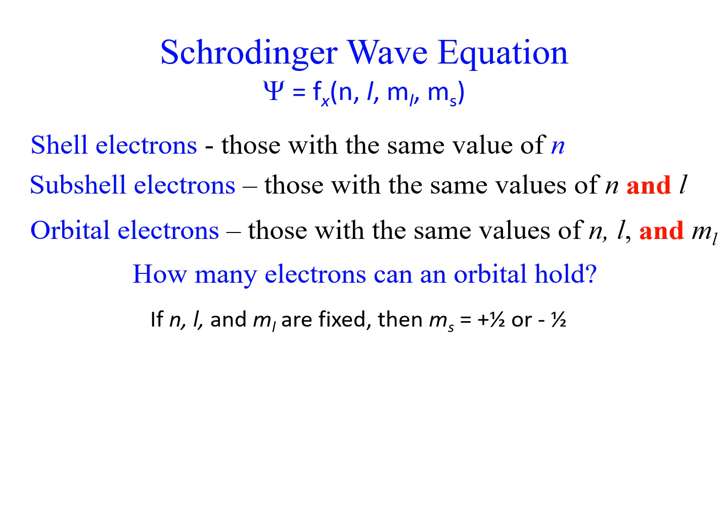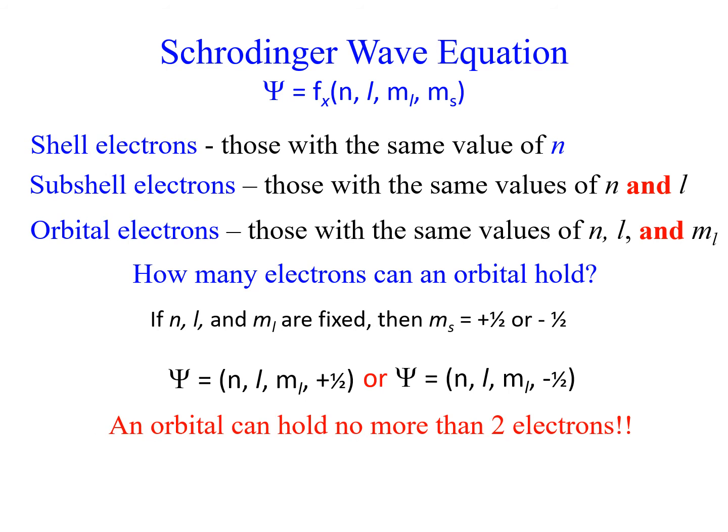It's just a designator because we're using all the other whole numbers. So looking at Schrodinger's wave equation, for n, l, m sub l, you can have a plus 1/2 for one electron, or if you have 2 electrons, one of them will be plus 1/2 and the other would be minus 1/2. They would be orbital electrons with the same value of n, l, and m sub l, but they're occupying the same orbital, so they have different spin.